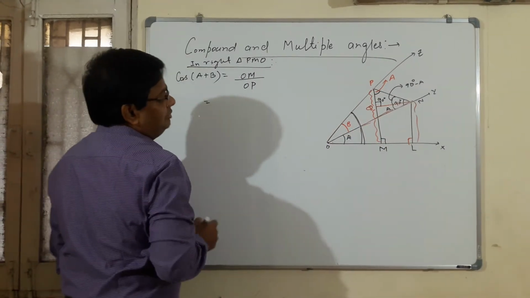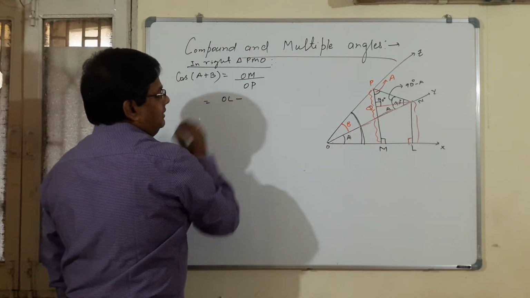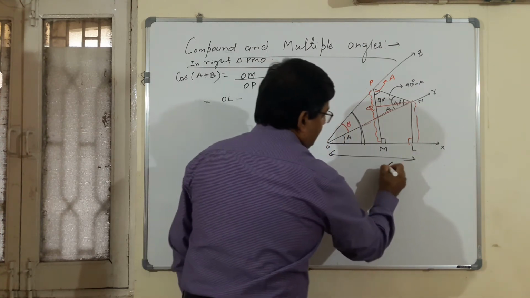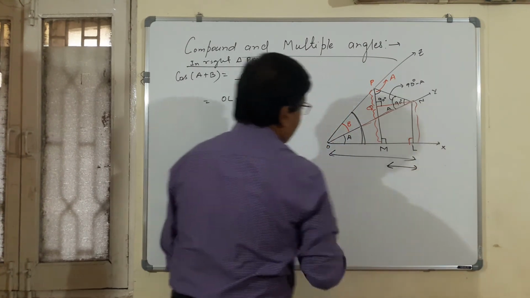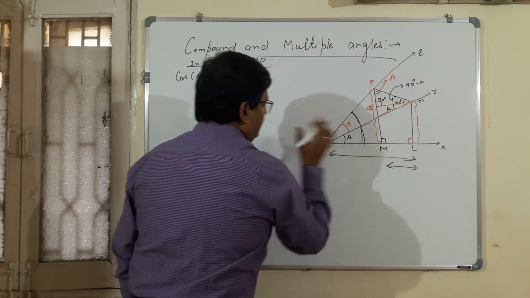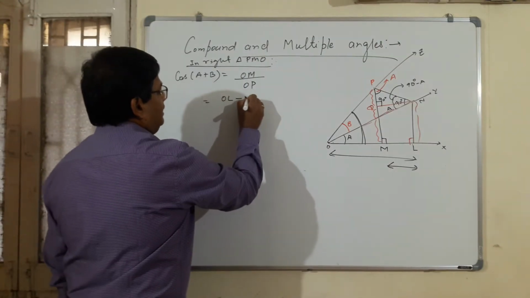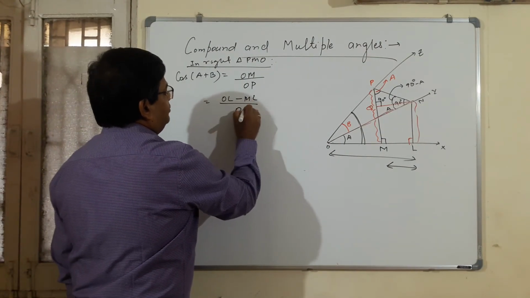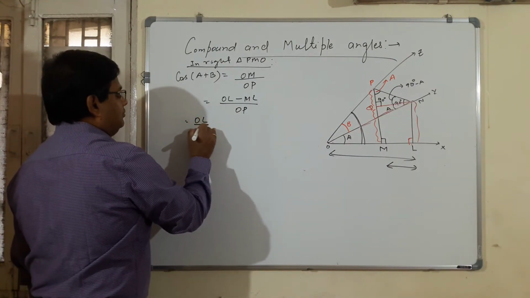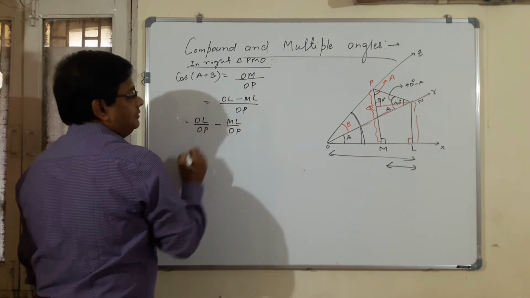So OM we can write like this: OL minus ML is equal to OM. This complete one minus this one, you will get OM. So OL minus ML divided by OP. So now we can write OL by OP minus ML by OP.